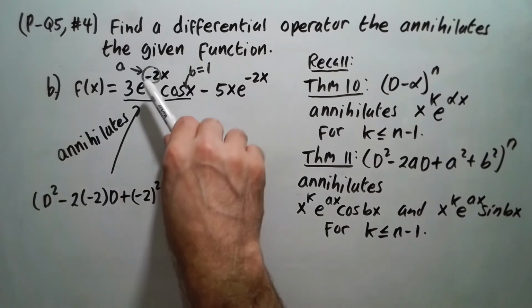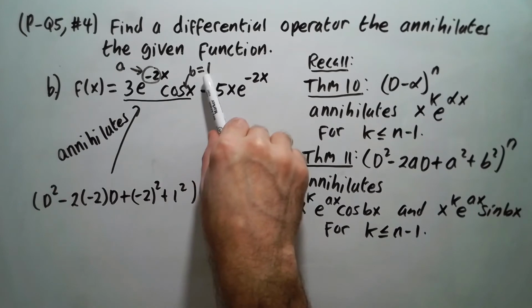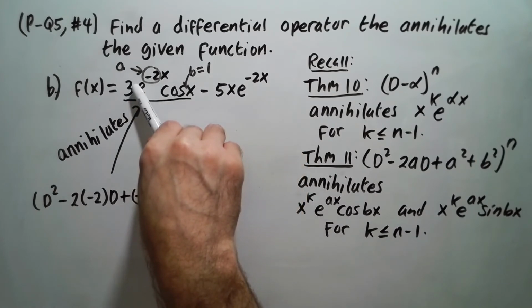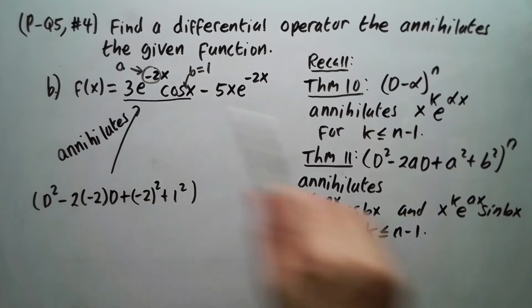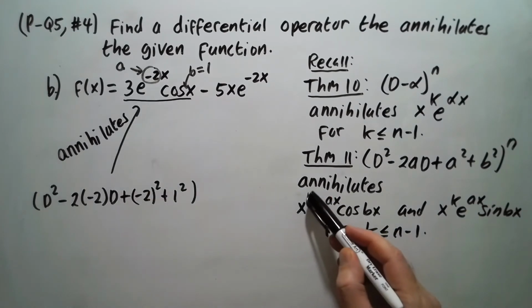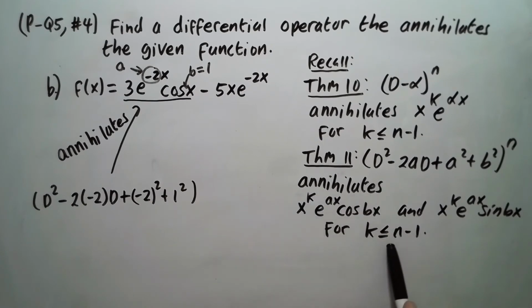Okay, so the a would be negative 2, the b would be 1. Notice there's no x in front of the e here, because over here you have an x. So you can think of it as x to the 0, because x to 0 is 1. So therefore, to get my n minus 1, if it's going to be 0 here, it looks like the n would have to be 1.